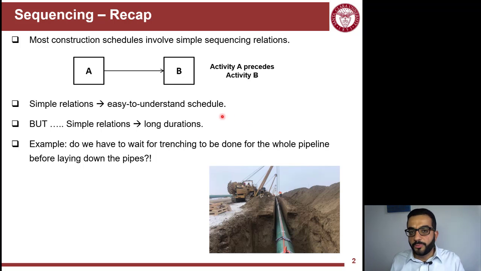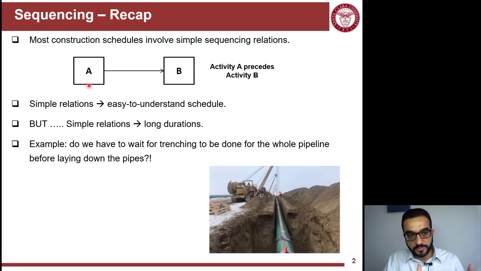There are many ways around it. Still, you can use the simple relationship here, but you'll have to break down the activity into multiple activities. Maybe instead of just one activity as trenching for the whole pipeline project, you might divide it into stations or segments of the project. And you start now doing that simple relationship.